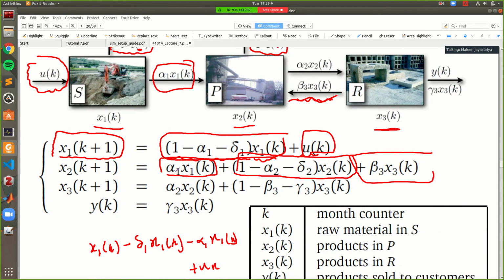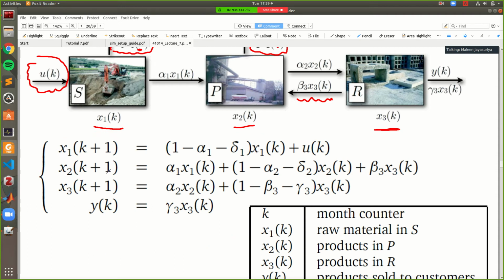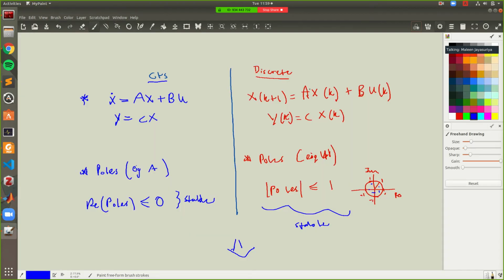So you can do the same for x3k plus 1, just like we did for x1 and x2 states, and then we get a bunch of simultaneous equations, which we can easily put into a state space form, right? Because now that we have the simultaneous equations, we need to put this in the form of capital X, essentially this form, right?